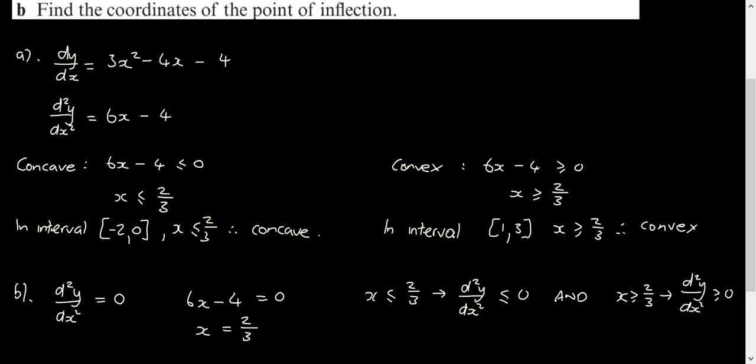So by doing that, we're showing that there's a change in sign of the second derivative. It goes from negative to positive as we go through the point x equals 2/3. And those two pieces of information together show that we have a point of inflection at the point 2/3. You need to do this second part.